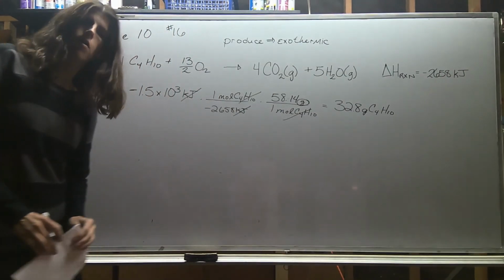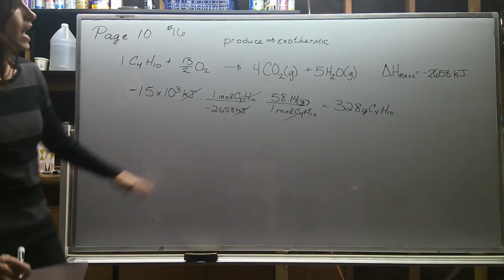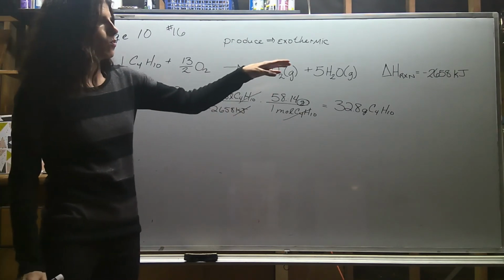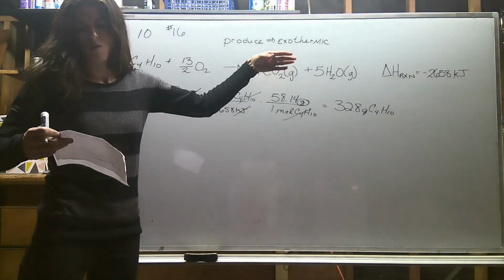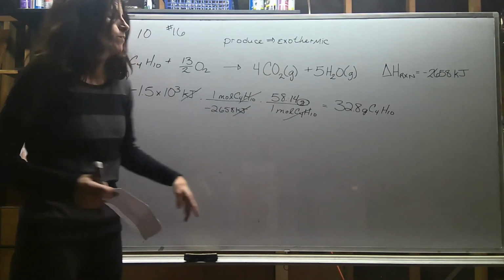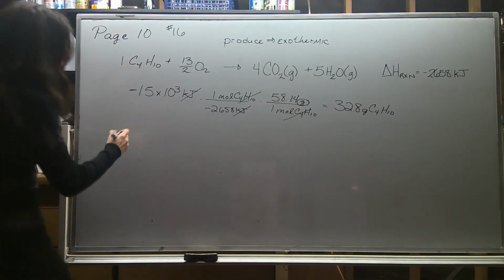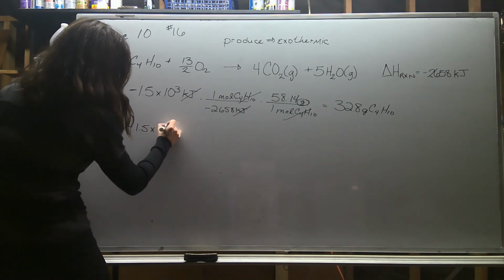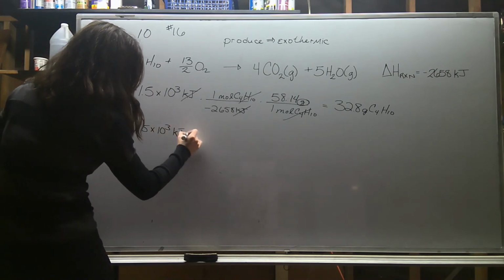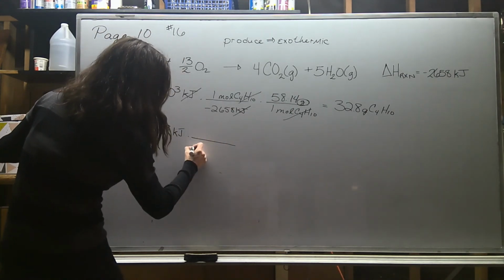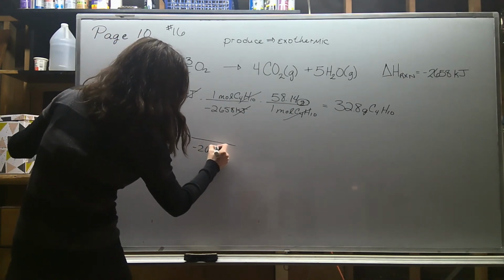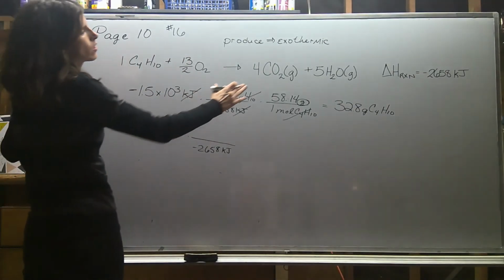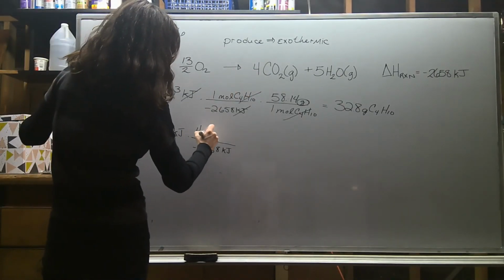The next part of the problem asks us to predict how much carbon dioxide will be produced when we make the 1.5 times 10 to the 3rd kilojoules of heat. So let me start with the same value again. I'm going to grab that same delta H value, except this time in my numerator, I'm going to put 4 moles of carbon dioxide.